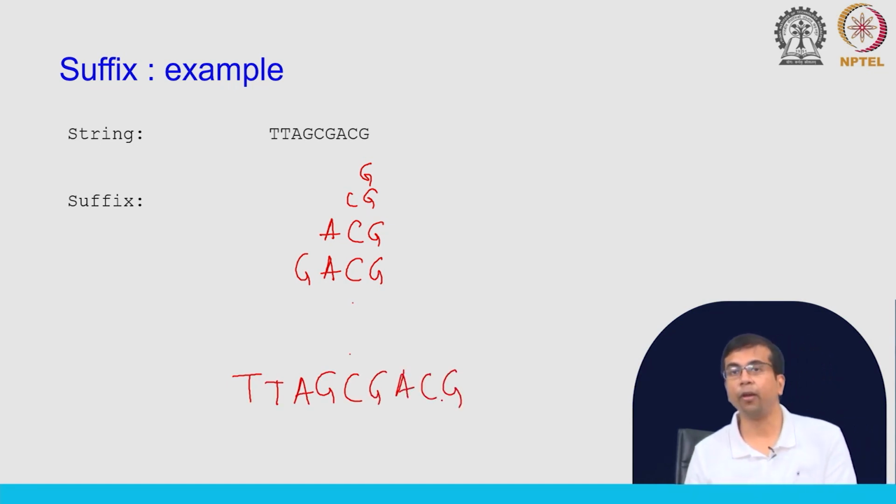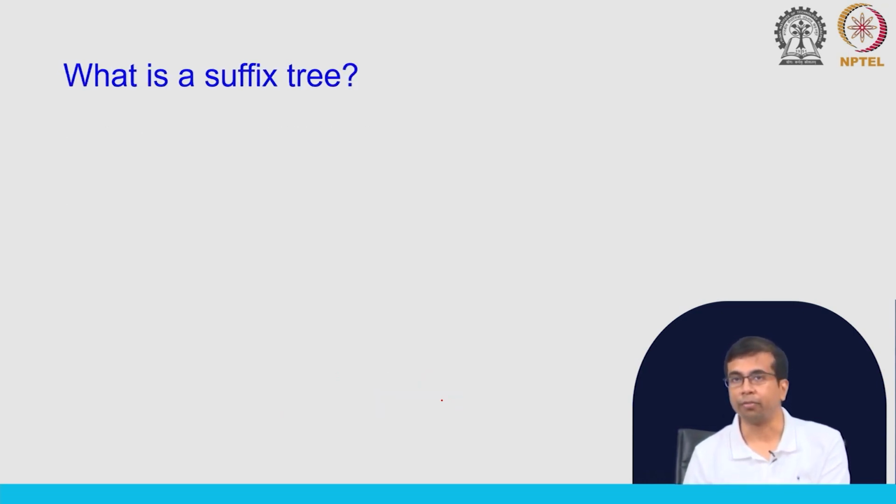These are all the possible suffixes of the string. This concept will be useful when you actually go for suffix tree construction. Now, the question is, what is a suffix tree? We understand what a suffix of a string is, but what is a suffix tree?